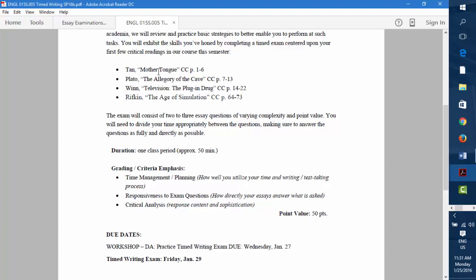And then when you look at these last three, Plato, Wynne, and Rifkin, you can take a look and compare perceptions of reality from the past versus the present versus the future. You could ask questions about what is reality? Has our perception of reality really changed that much through time? Or are we still asking the same kind of questions?